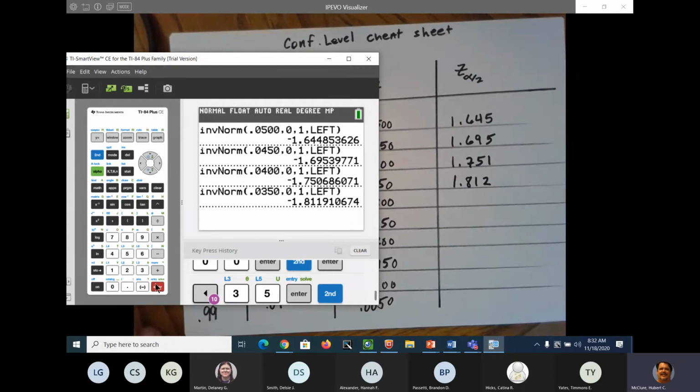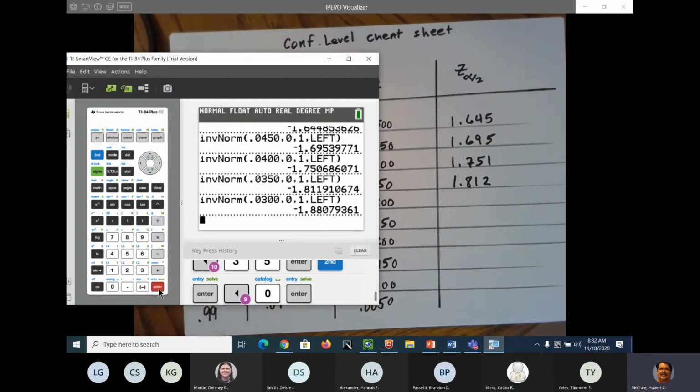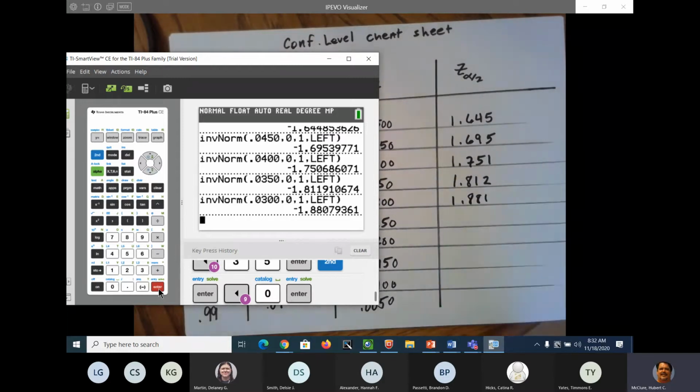Second, entering 300. That's 1.881. Second, 250.